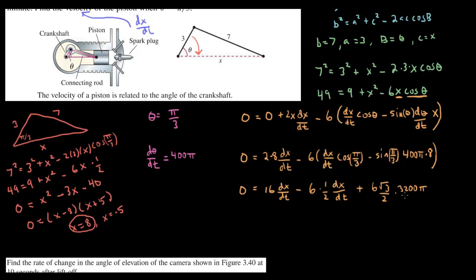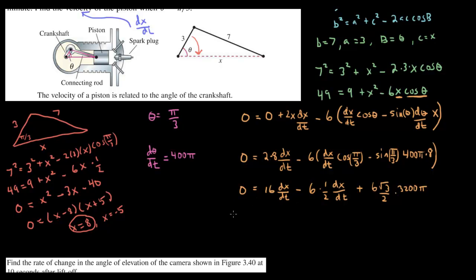So I'm going to subtract this non-dx/dt term from both sides. This is very similar to the process we did in the previous section on implicit differentiation, where we want to get the dx/dt terms on one side, factor, then divide.